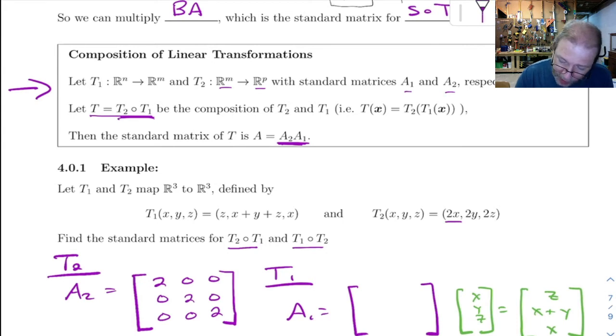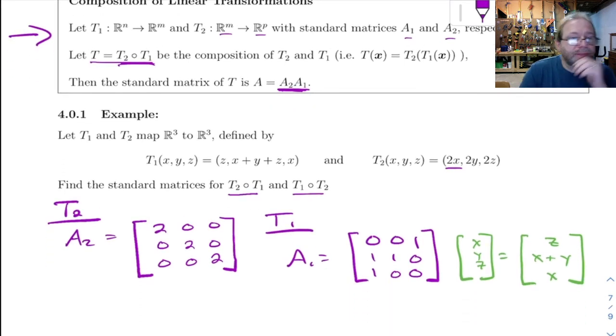So if we look at what we have to multiply this by in order to get this, for the top line, we've got 0x, 0y, 1z. For this line, we've got 1x, 1y, no z. And for the last line, we've got 1x, no y, no z. Okay, so those are our two matrices.